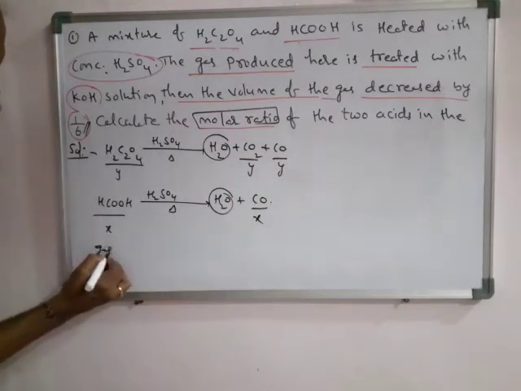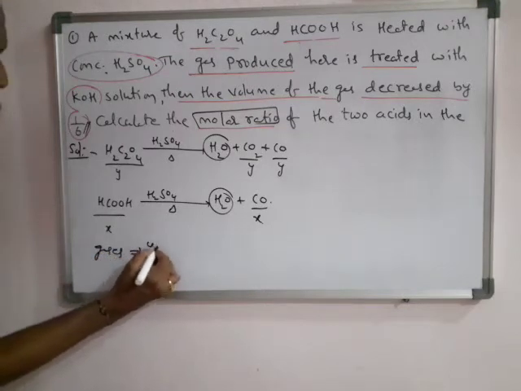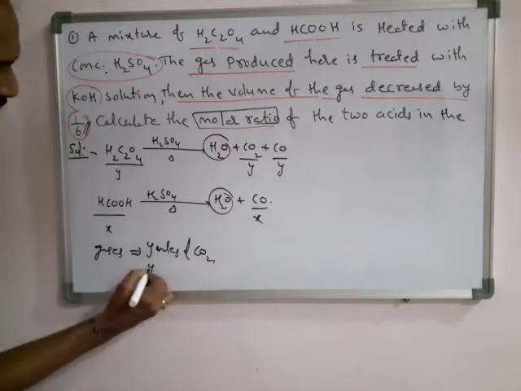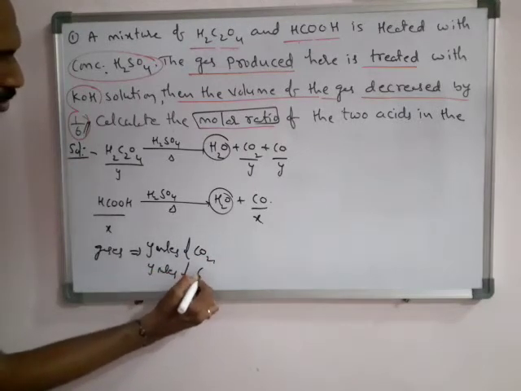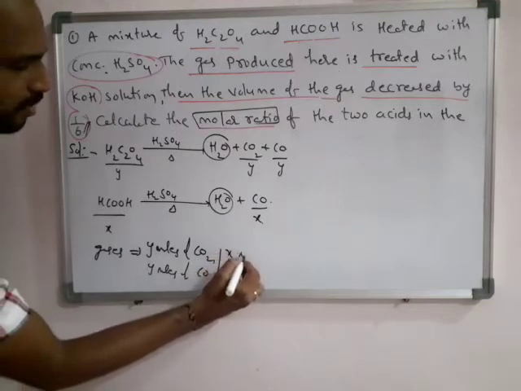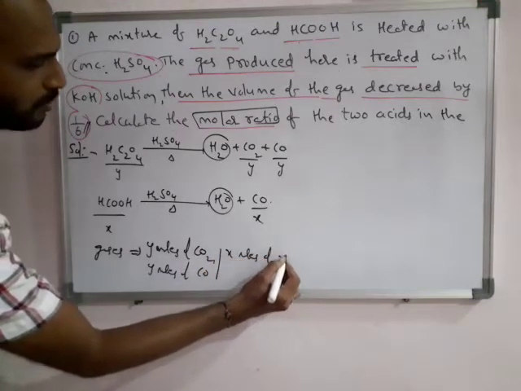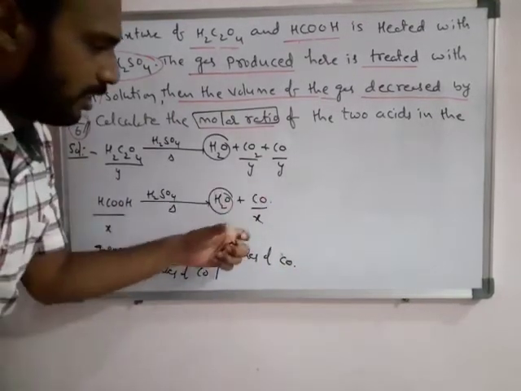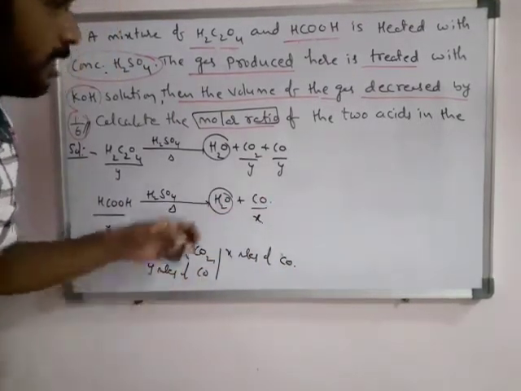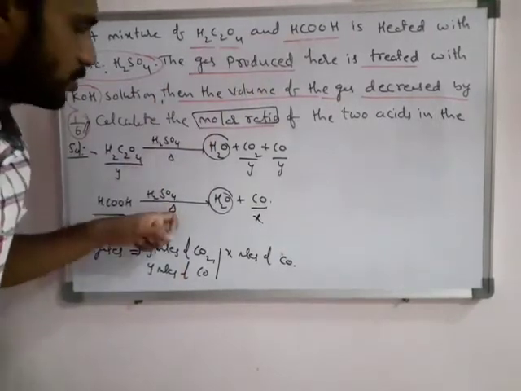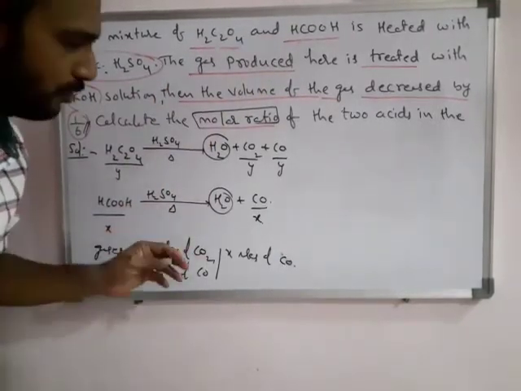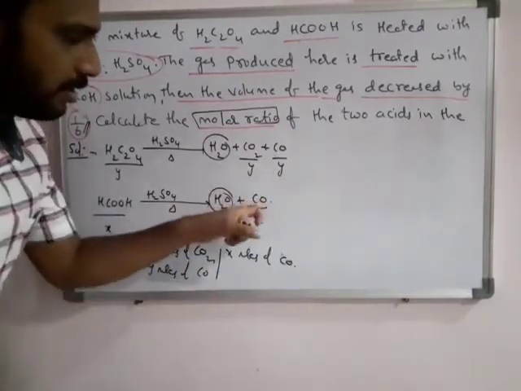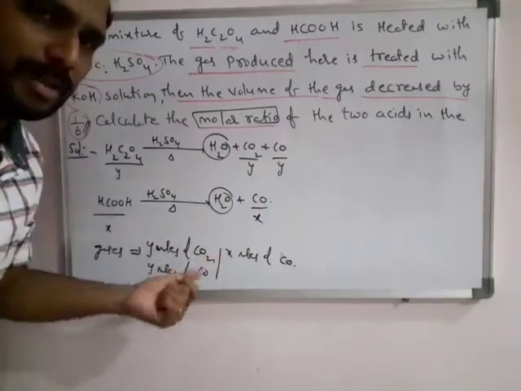So what are the gases here now? Y moles of CO2 and Y moles of CO, and there is X moles of CO. Here X and Y may be equal or different, we don't know about that. Because the ratio, whether 1:1 or 2:1, is not given, there is no chance to take X equal to Y. These gases are equal but their numbers of moles may be different or may be equal.